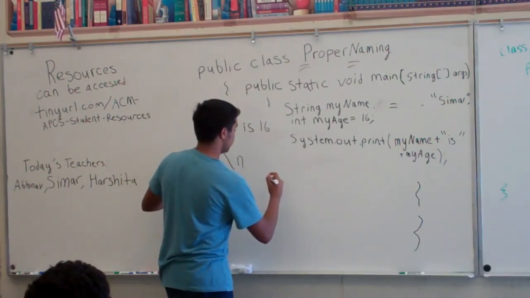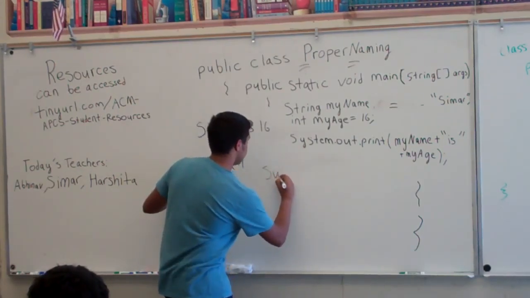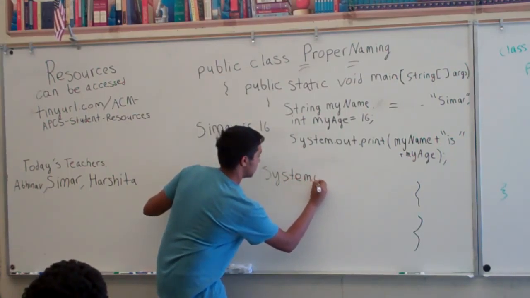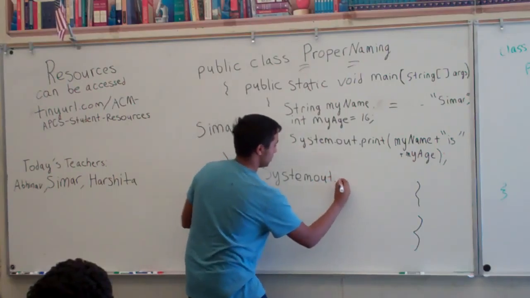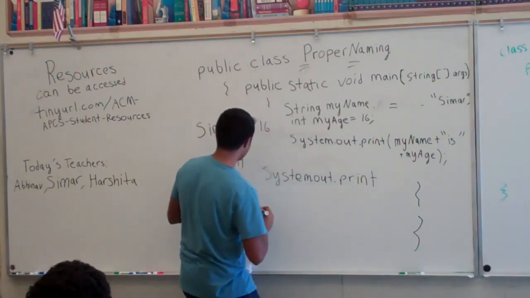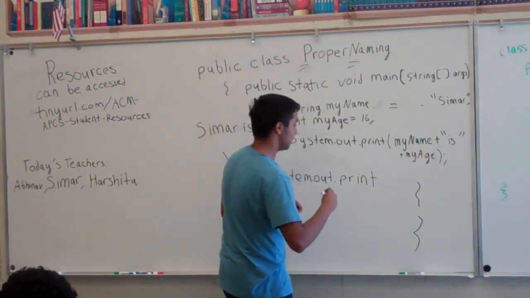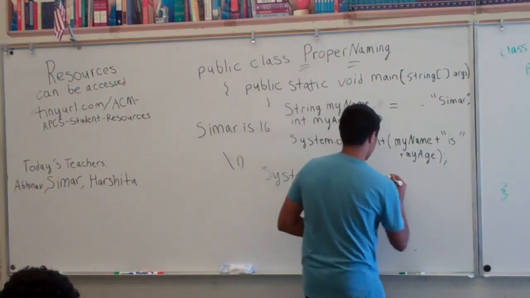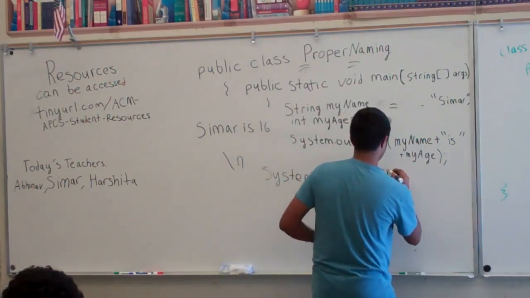So what I would write in that case would be System.out.print. And actually, let's say I wanted to start with a tab, okay?